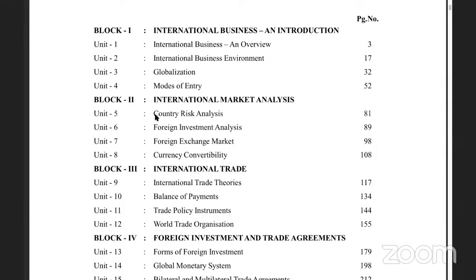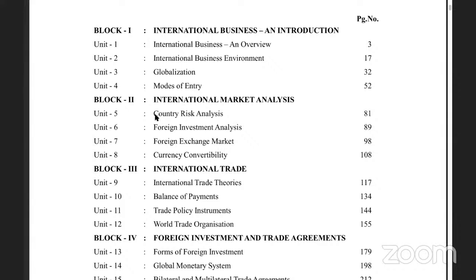Then foreign exchange market, then currency. We were talking about the currency. Then we slowly jumped into international trade theories. About 3 or 4 theories we have been talking about: comparative cost theory, purchasing power parity, Heckscher-Ohlin theory.